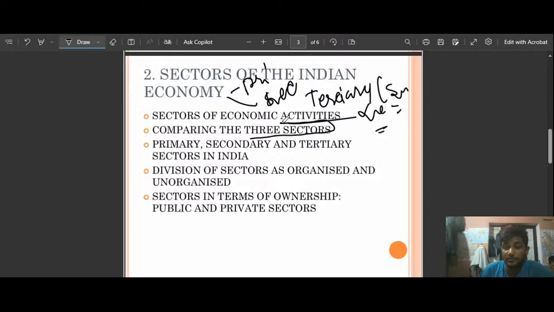Basically, there are three sectors in India, primary, secondary, and tertiary. How much development has there been in these sectors? Division of sectors as organized and unorganized, and in terms of ownership, private and public sectors.